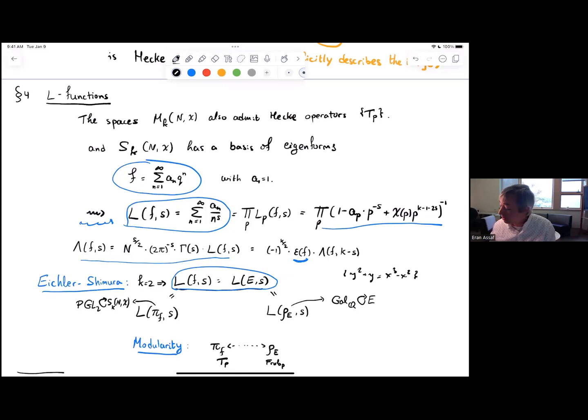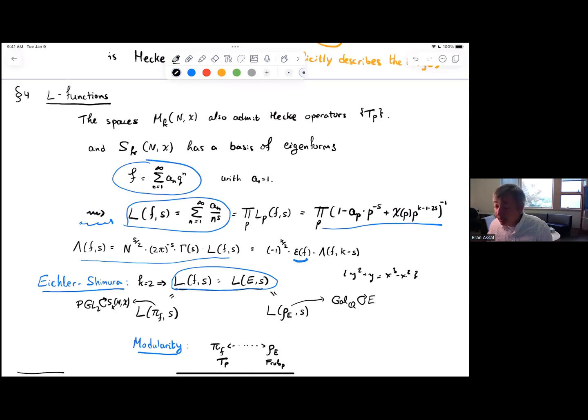On the other side, this classical modular form comes from an automorphic representation of PGL2 on the adelic points of PGL2. This L function doesn't really depend on f, but on this irreducible automorphic cuspidal representation.